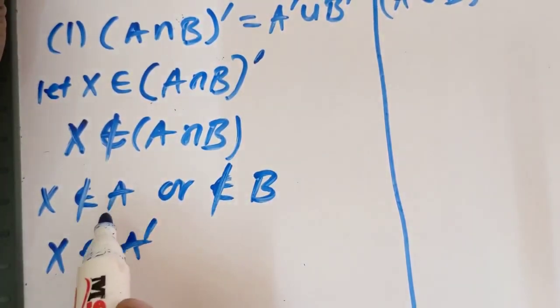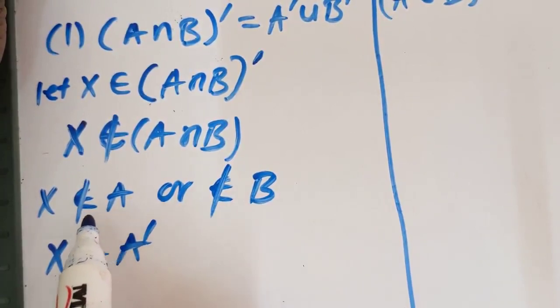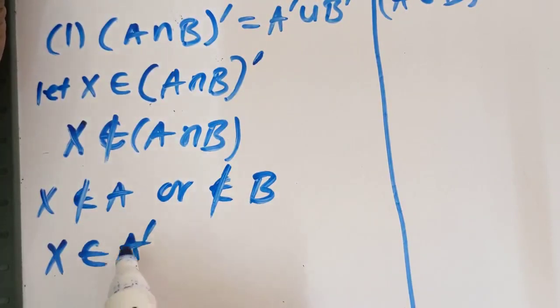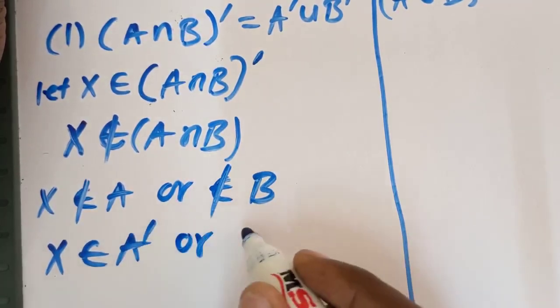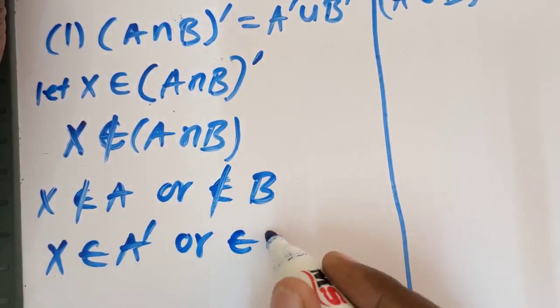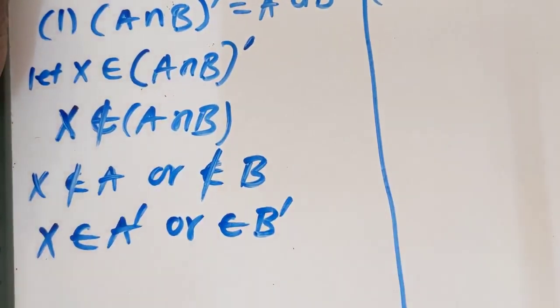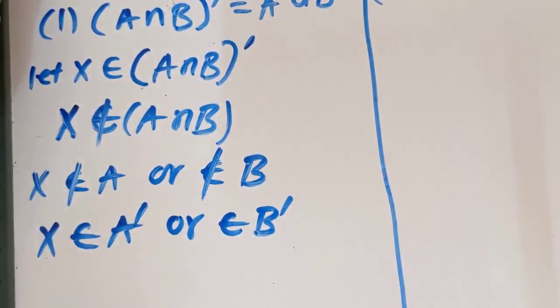Since it is not a member of A, it is in A complement, or it is a member of B complement. That is what that statement means. I hope you are getting the point. I am going slowly because I want you to understand.